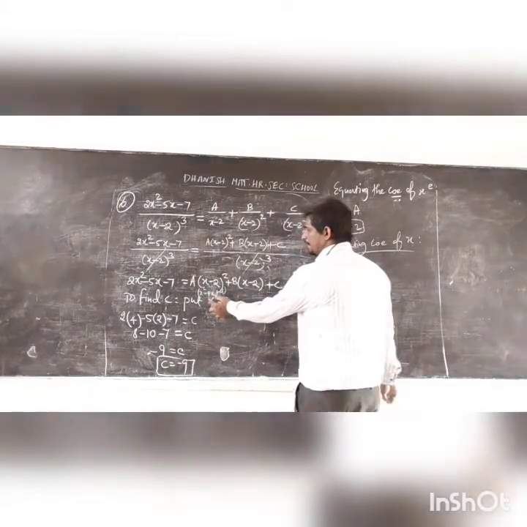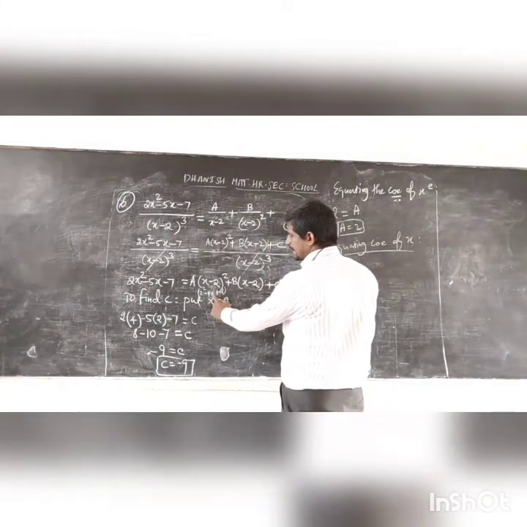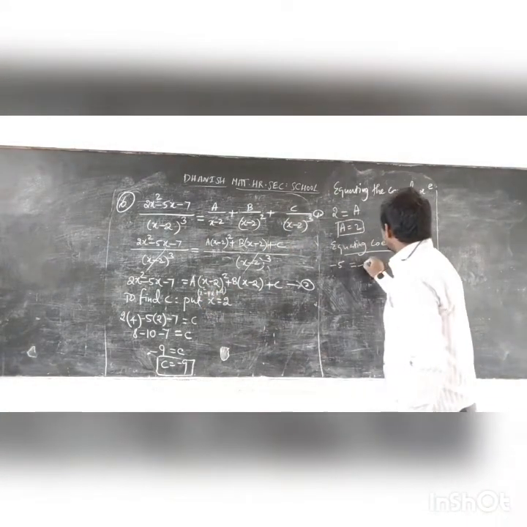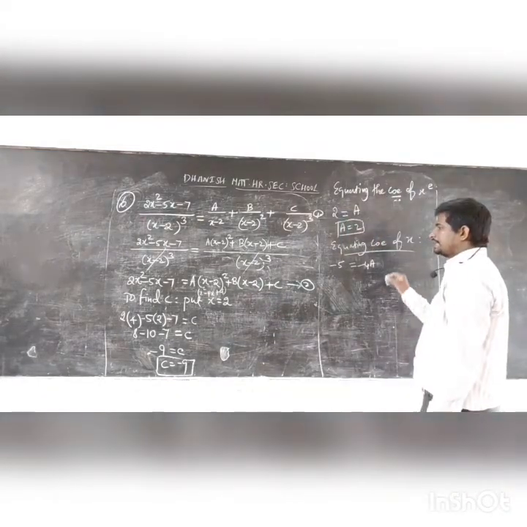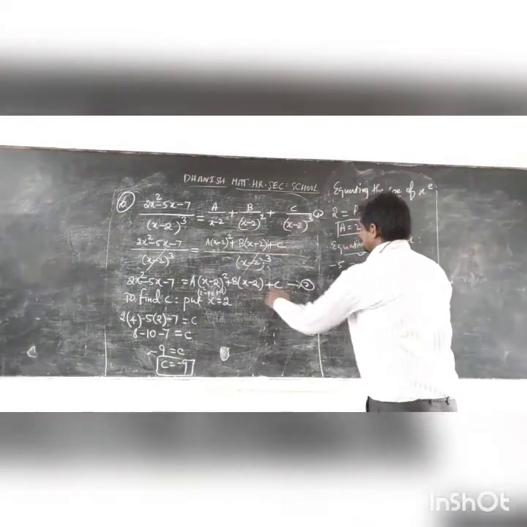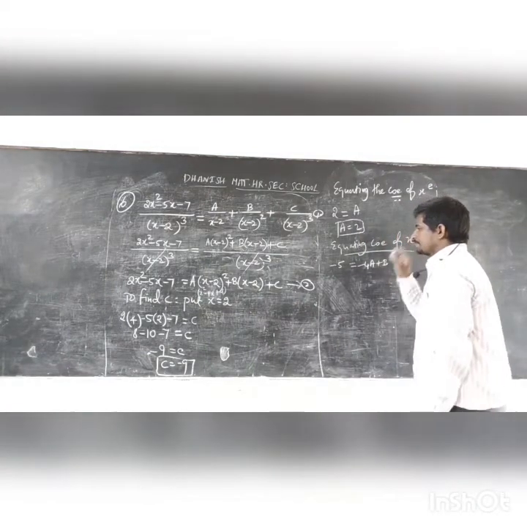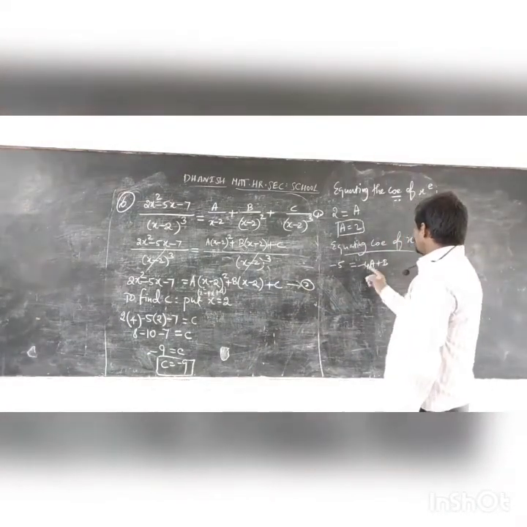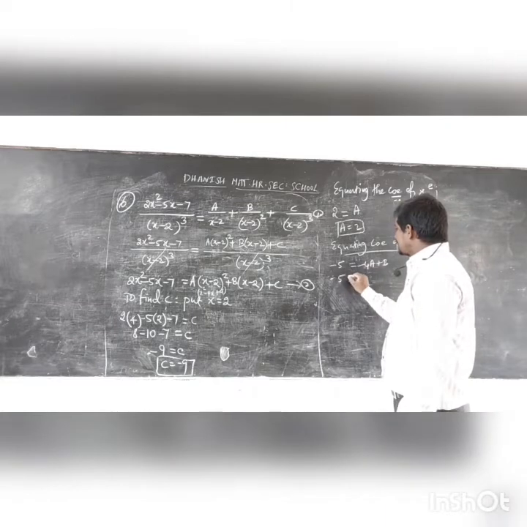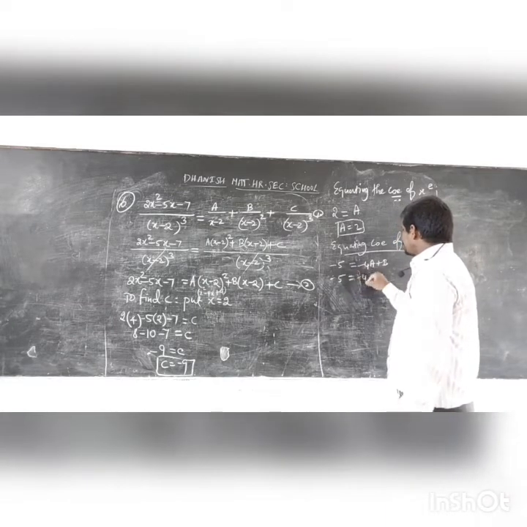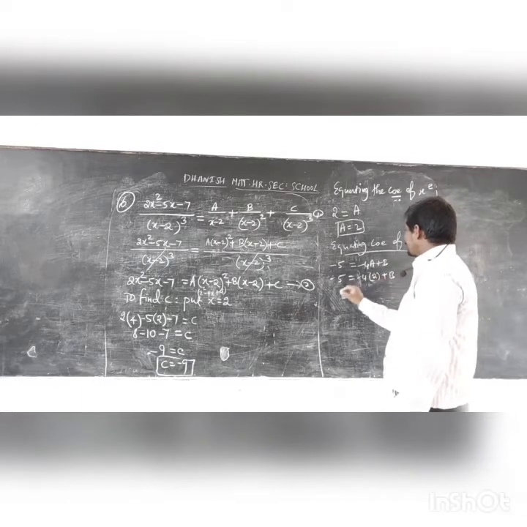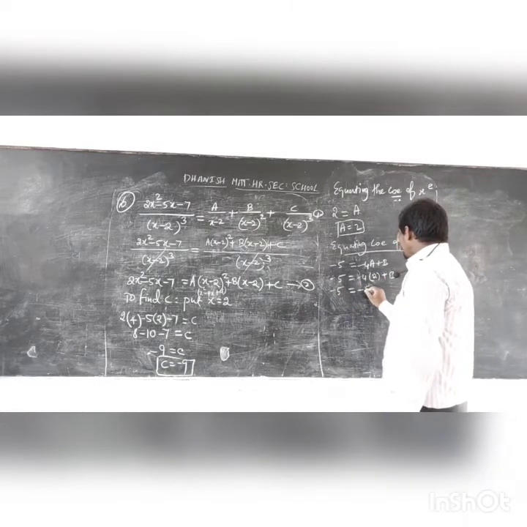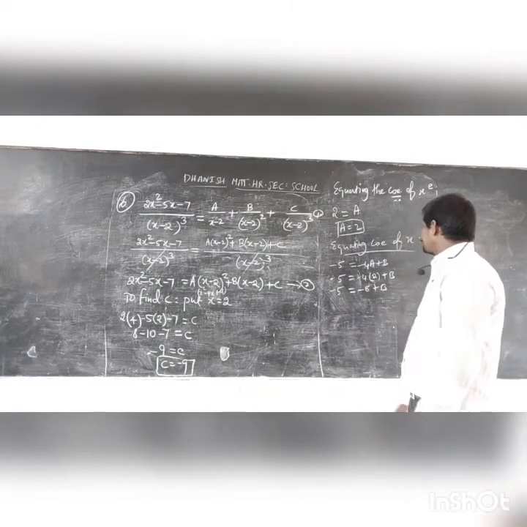From this we can take the coefficient of x as minus 4a. Here our coefficient of x is b. Here we don't have any x term. So I'm going to substitute minus 5 equal to minus 4 into a. What's our a? 2 plus b. Minus 5 equal to minus 8 plus b.